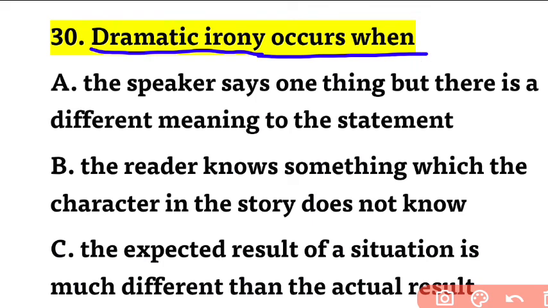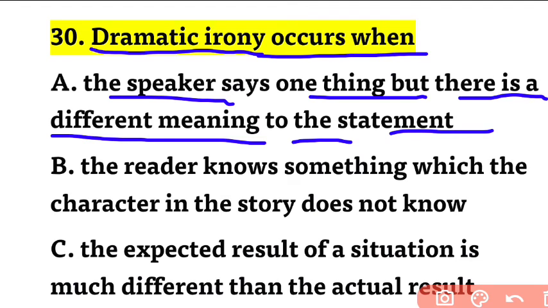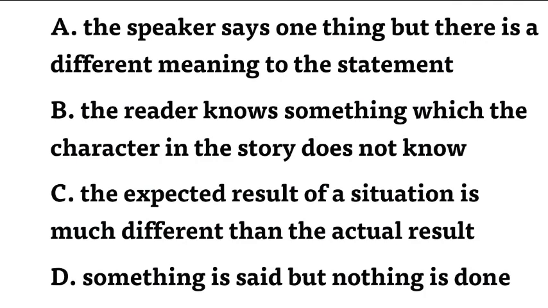Dramatic irony occurs when: the speaker says one thing but there is a different meaning to the statement; the reader knows something which the character in the story does not know; the expected result of a situation is much different than the actual result; or something is sad but nothing is done.